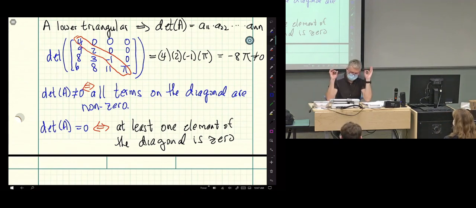Now, some of you may be thinking that it's only for the triangular case. And what I'm going to show you before the end of next week is that we can take general square matrices and break them up into triangular matrices. We're going to need to know what it means to multiply two matrices to do that.